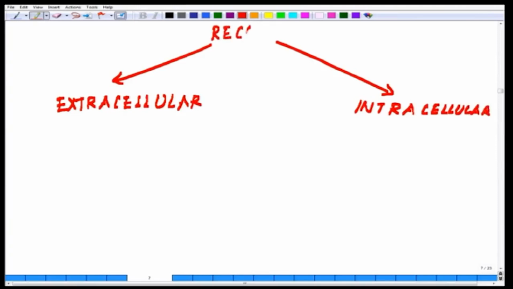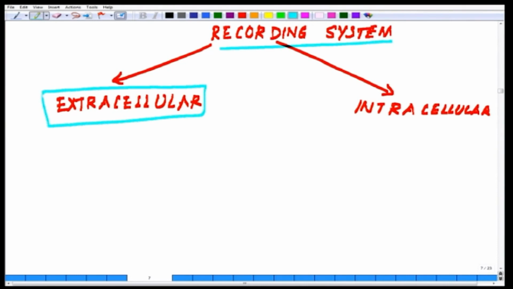These are the configurations of the recording system or recording electrodes. So let's first distinguish the difference between extracellular recording and intracellular recording. The word itself indicates: when the electrode is outside the cell, that is called extracellular recording. When the electrode is inside the cell, it is called intracellular recording.